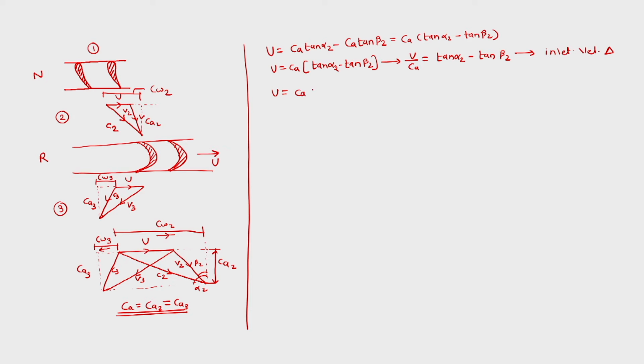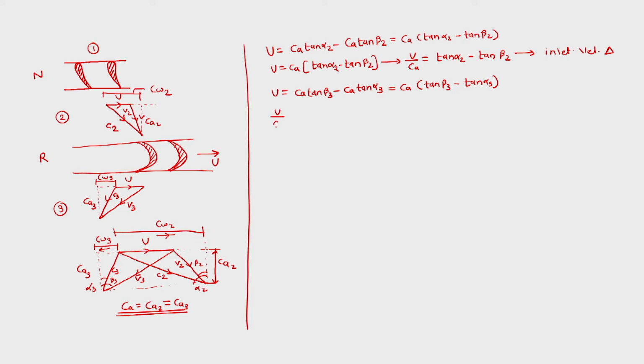There we have Ca into, then here we will have this as beta 3, this as alpha 3. So we would have u equal to Ca into tan beta 3 minus Ca into tan alpha 3.